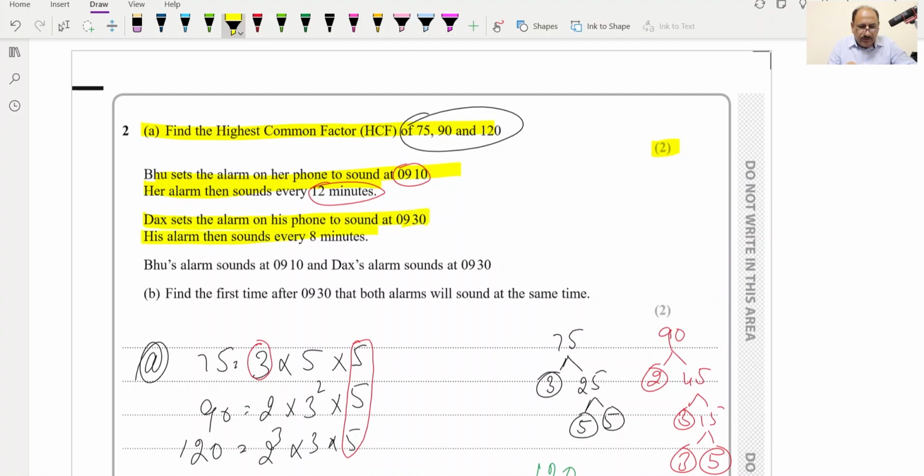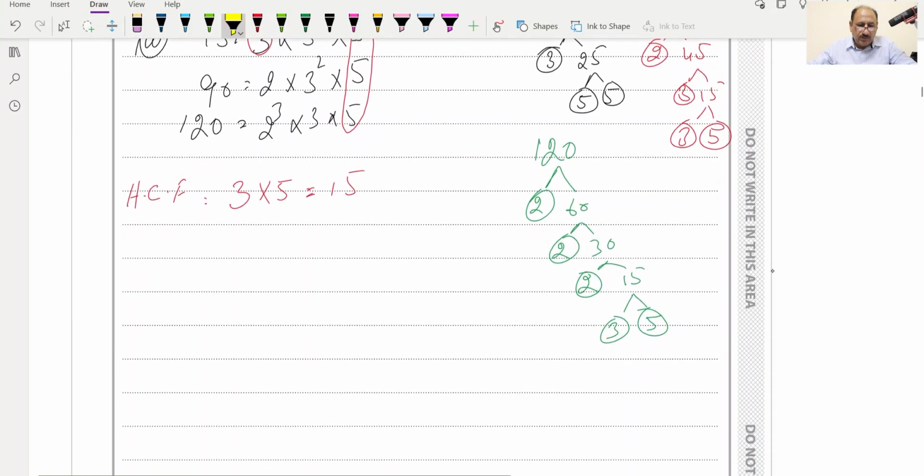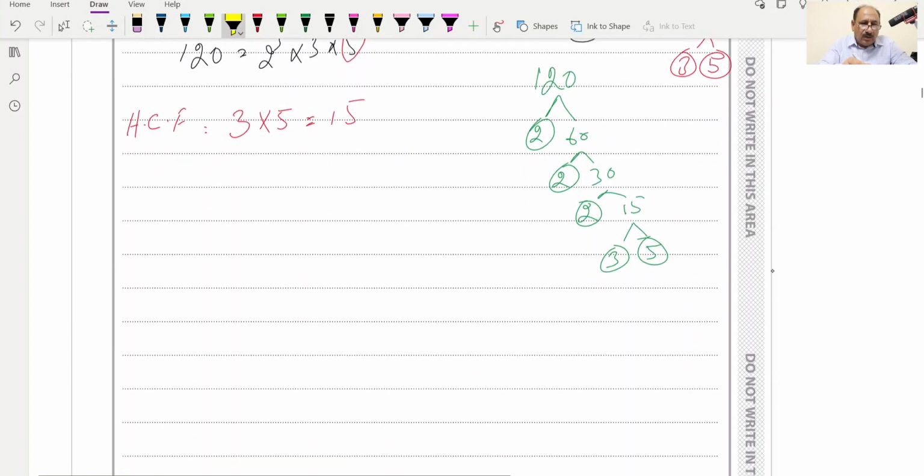His alarm then sounds every 8 minutes, so gap is 8 minutes and starting time is 9:30. Find the first time after 9:30 that both alarms will sound at the same time. So basically we require the common time.